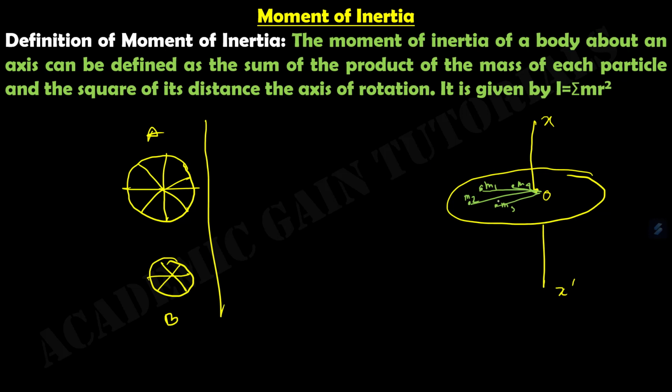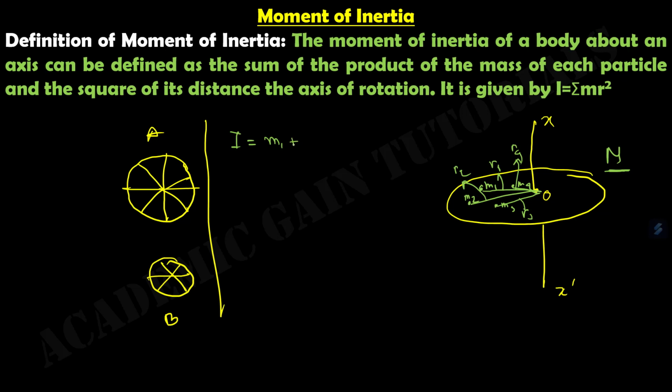We define the distance of the m1 particle as r1, that will be r2, that will be r3, and that will be r4. So the inertia is equal to the summation over all the particles. Suppose there are n particles consisting this rigid body, and the mass of this rigid body is m.